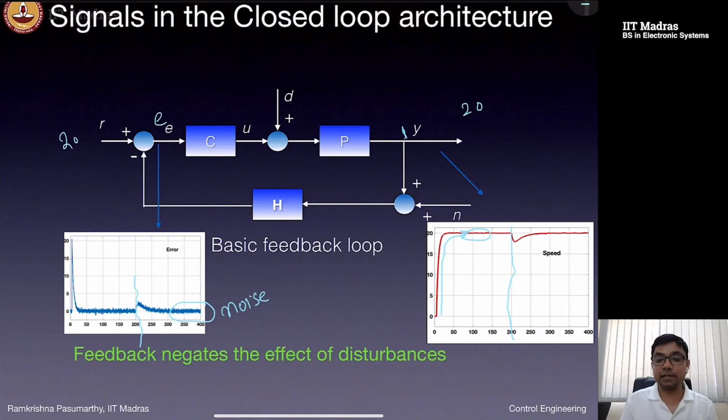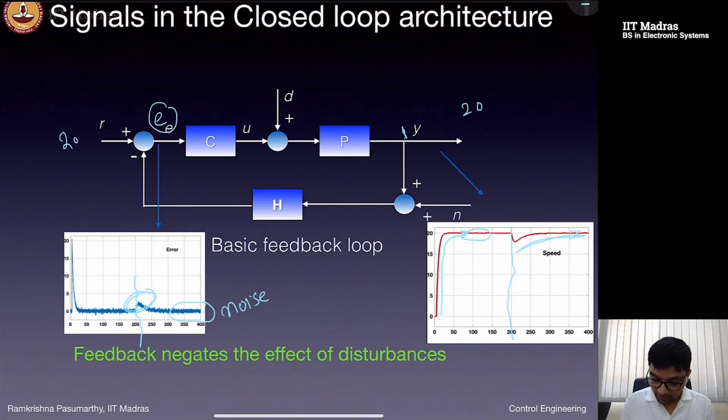When there is disturbance, the output might change to some new value. That new value will be fed back, resulting in some error. You see, at t equal to 200, I have a new error here. This error will be fed back. The controller will compute a new control law, and eventually I see that my system settles down to its original reference value, even in the presence of disturbance.